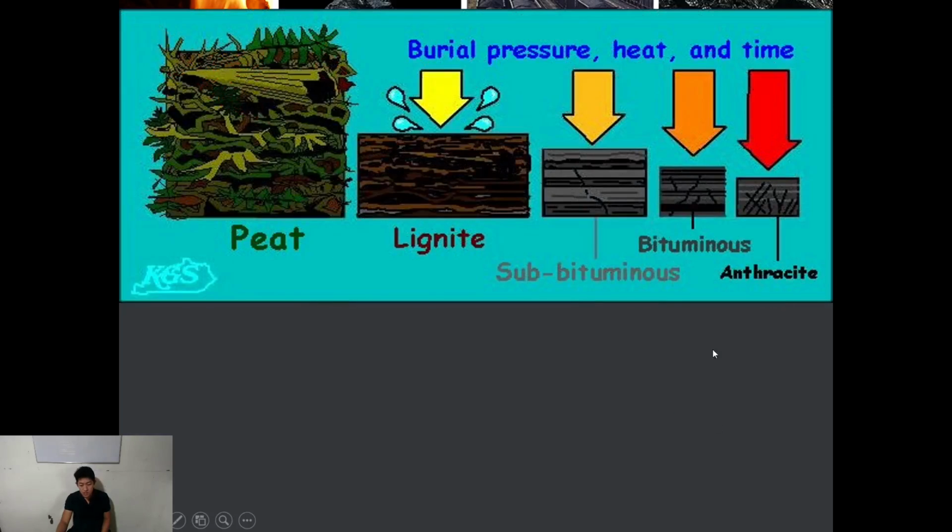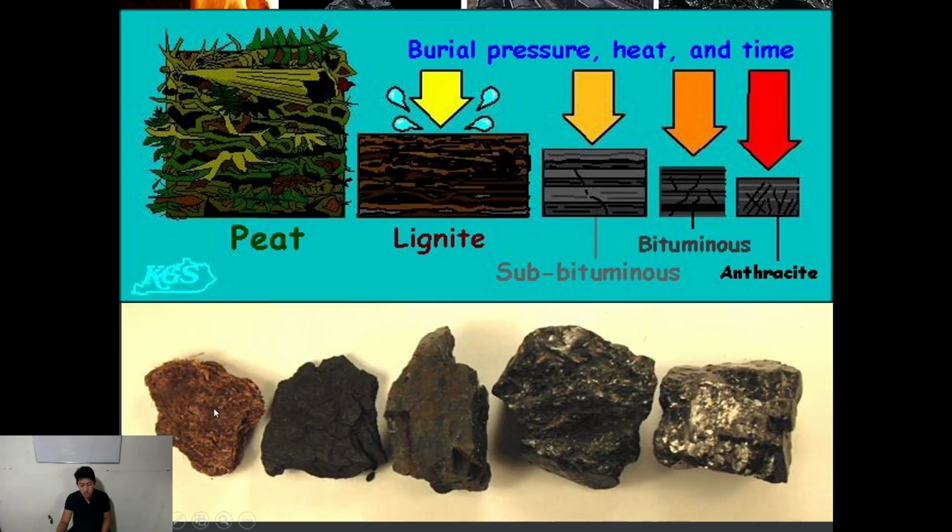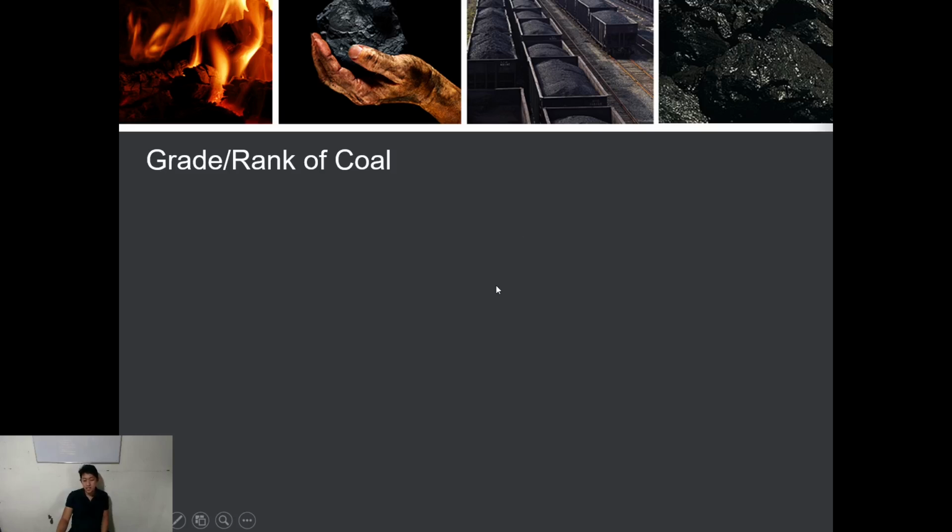So this is the depiction of the 4 classifications: peat, lignite, bituminous, until anthracite, which is shiny.